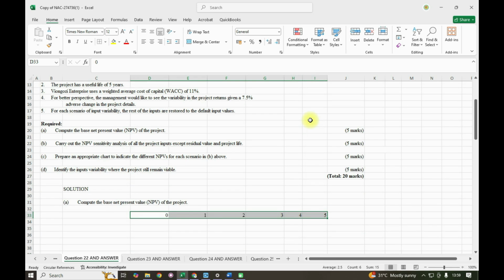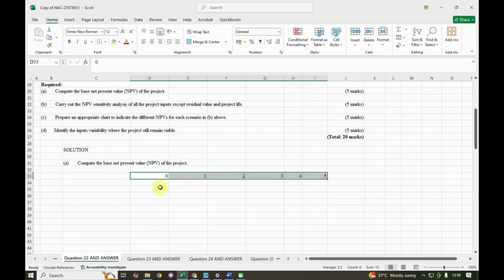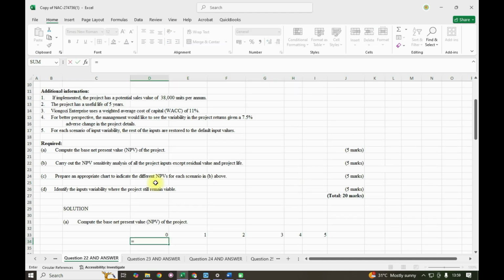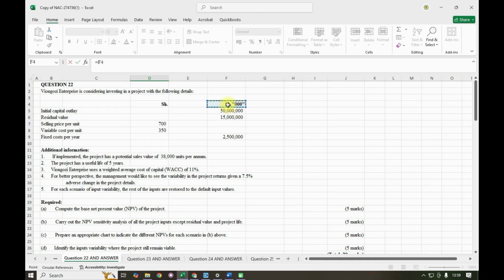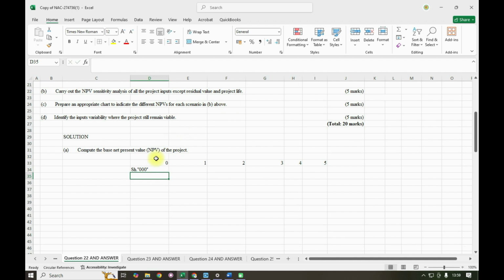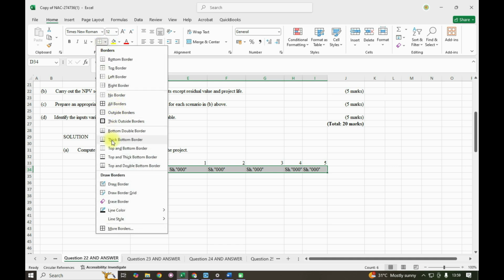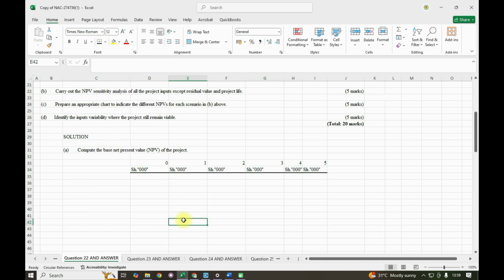So that is our period of the years. We shall have shillings in thousand. I will lock this. I'll autofill again, and I'll put a bottom border on this.